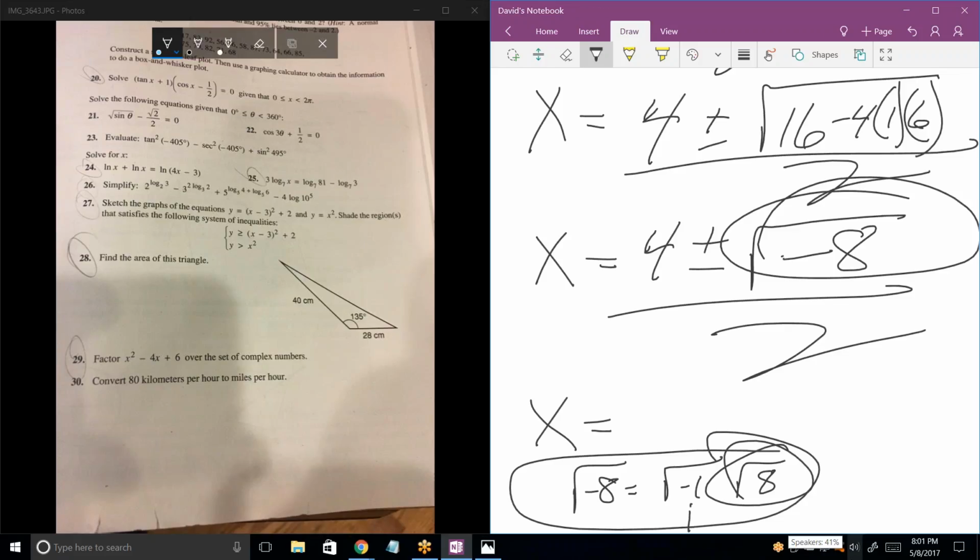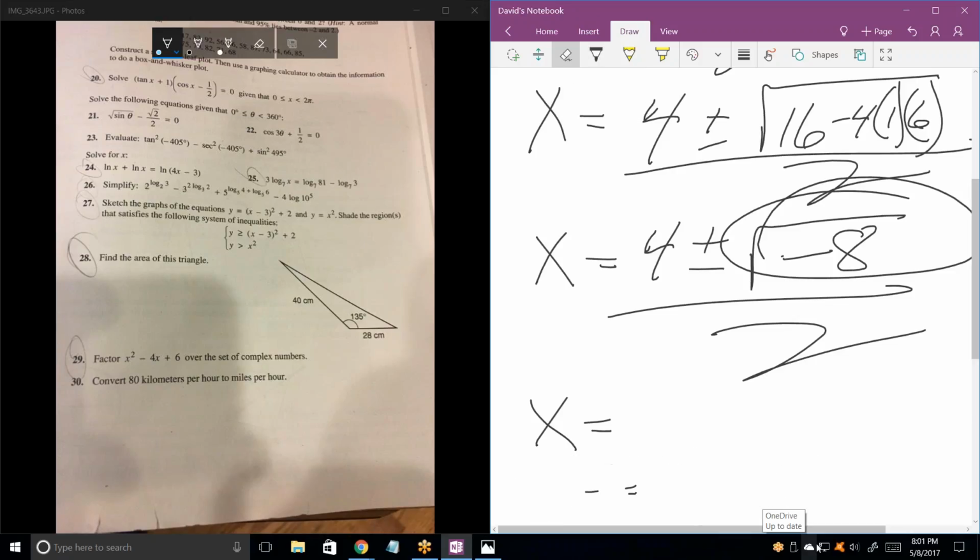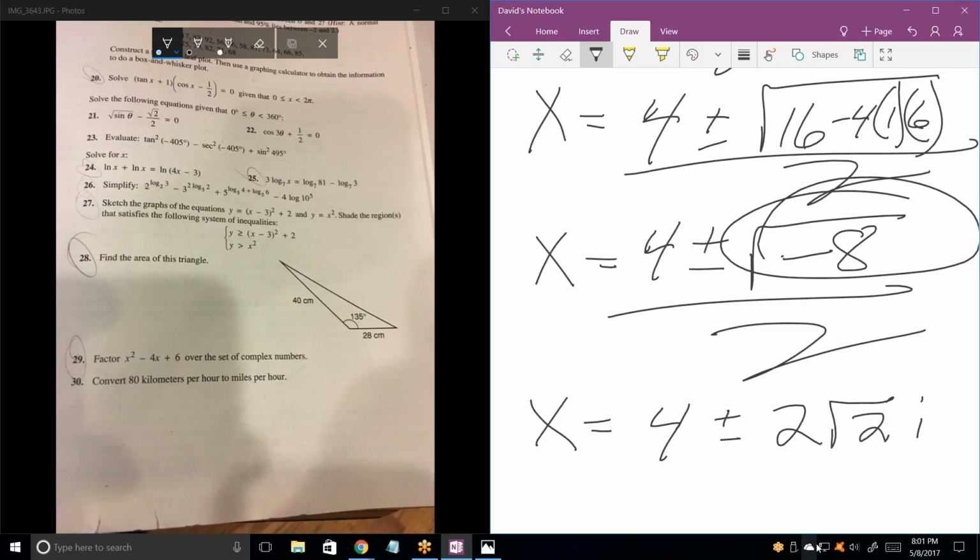So it's 2 root 2 i. You always put the i last. So now here's what we have. 4 plus or minus 2 root 2 i, and we're all dividing by 2.